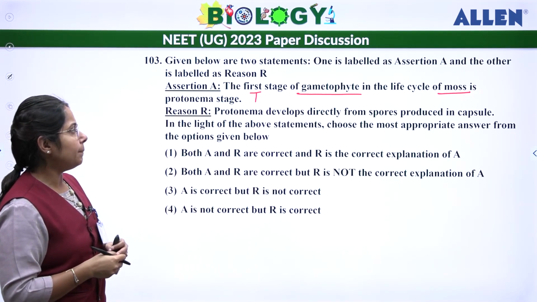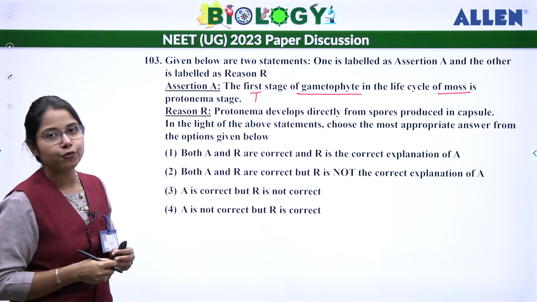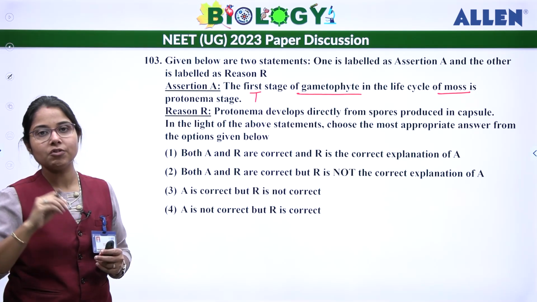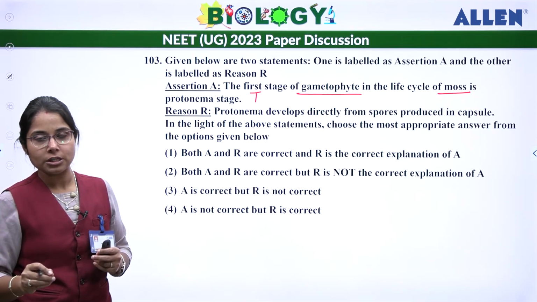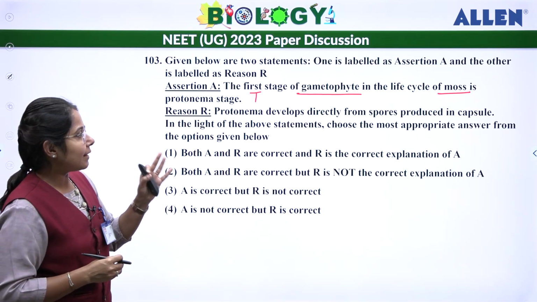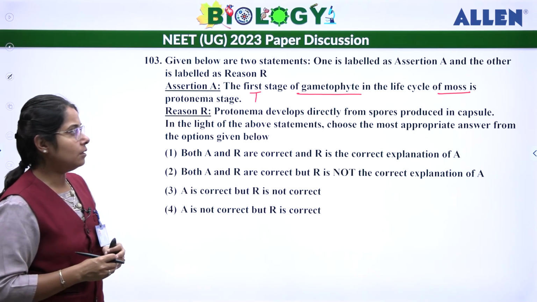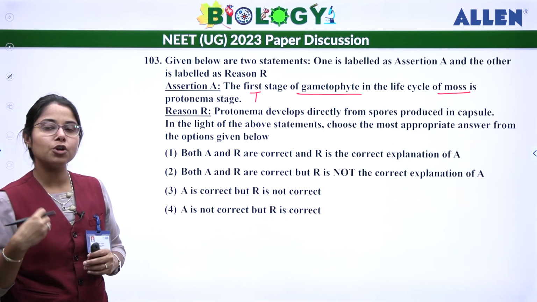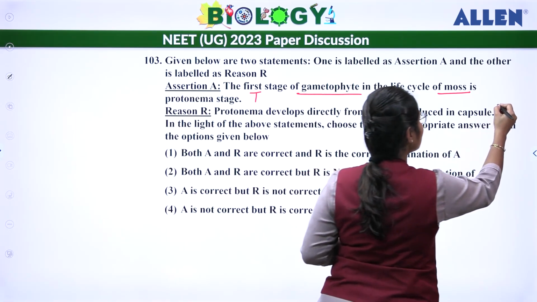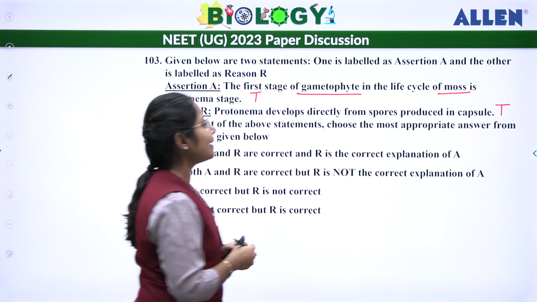Second, the reason, if you see, protonema develops directly from spore, which is correct. The spores which are released from the capsule will fall on the substratum and it will develop into the protonema. So it directly develops from the spore produced in the capsule, which is true. This protonema will later give rise to the leafy gametophyte. So this is also true, and this is also the correct reason.